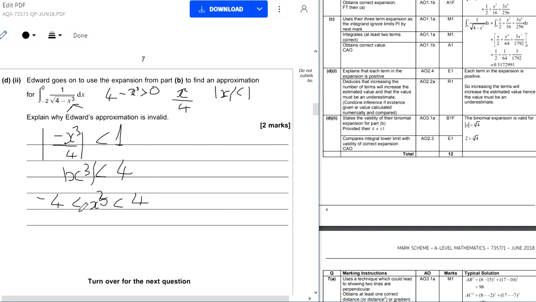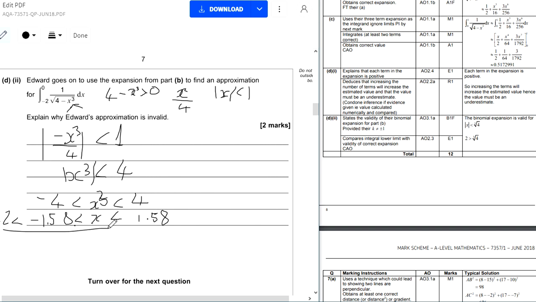But obviously you can just do it on your calculator. So we've got cube root of minus 4 is minus 1.58, and so on. And then you're going to have the positive version, which is clearly outside the range, because minus 2 is down here.